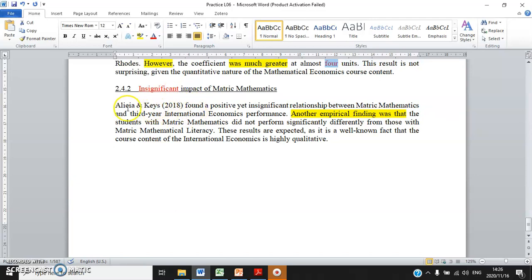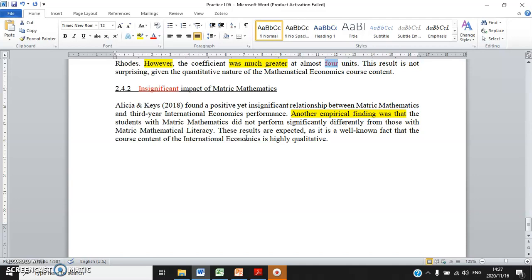there is only one study, insignificant impact of matric maths. So Alicia and Keys 2018 found a positive yet insignificant relationship between matric mathematics and third year international economics performance. Another empirical finding was that students with matric maths did not perform significantly differently from those with matric maths literacy.